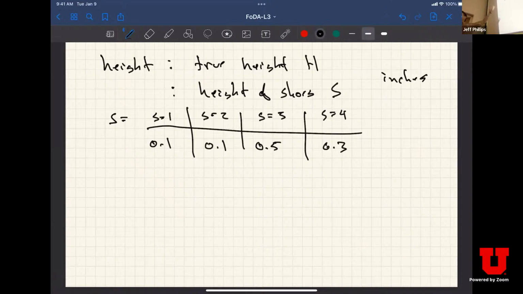Let's say there are 4 types of shoes, and they give you a lift of 1, 2, 3, or 4 inches. But let's say I know the true height, that means if I'm standing without shoes on, I'm going to say it's a normal distribution with a mean of 1.755.